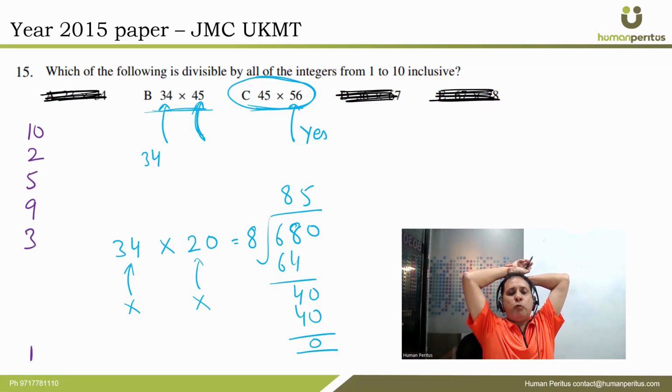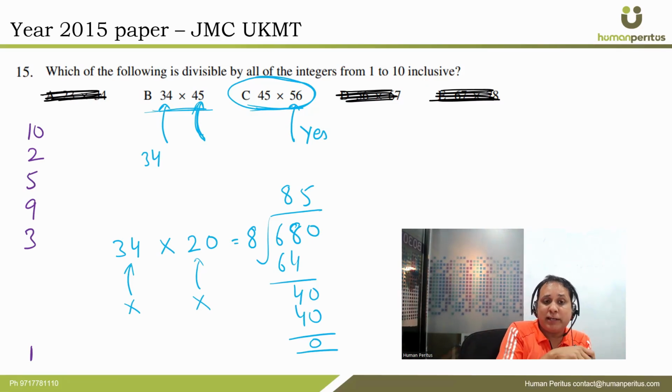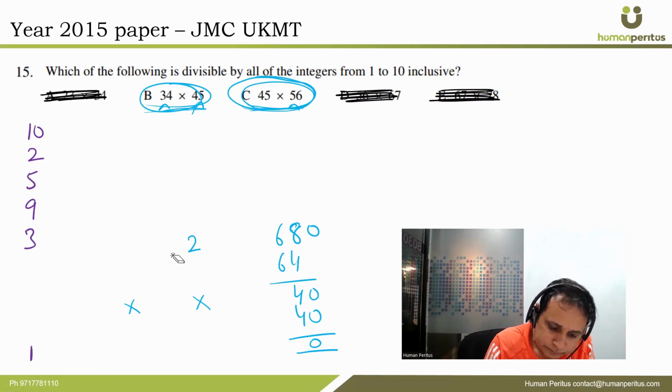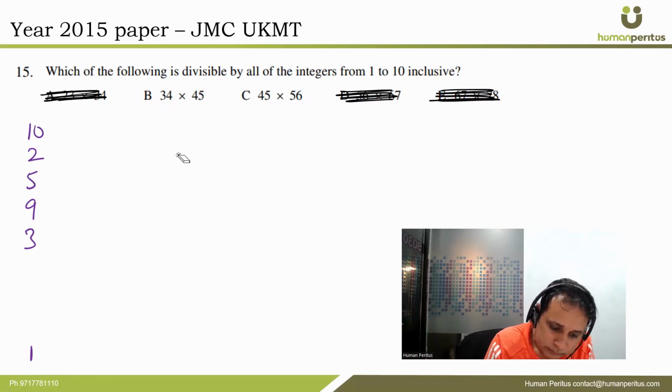So guys, once again, unless we learn factorization, I cannot tell you how we can check it for 8. But for now, what we can do is just multiply both of them, find these numbers, and then check for 8.